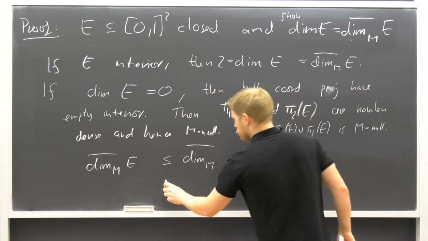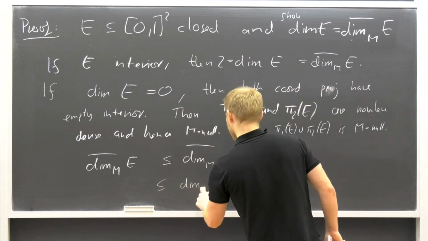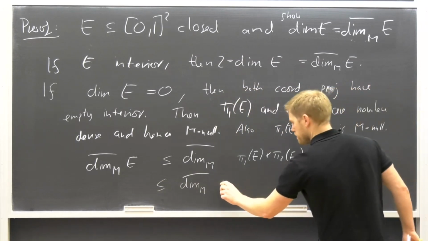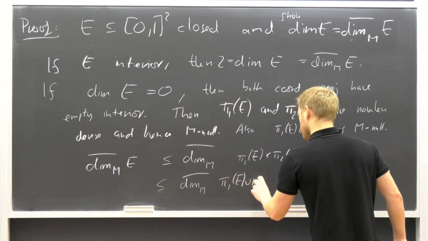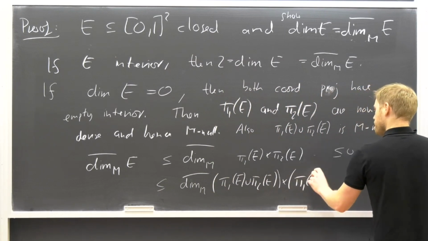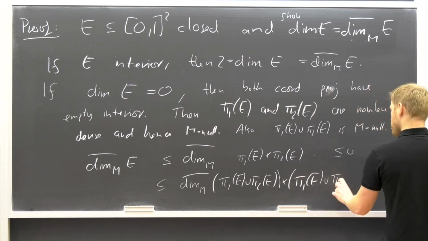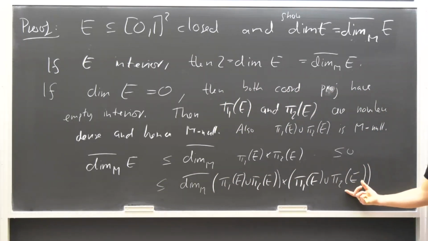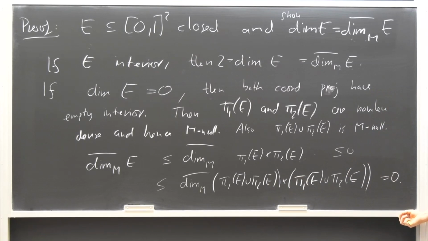It's also a subset of the... I'm not 100% sure whether this already is good enough, but it's surely good enough if you now take here the union of those two and take the Cartesian product. And now you know that both of these sets here have Minkowski dimension null, so their product also has dimension null. So it's also Minkowski null. And so now we have taken care of the cases that E has interior and E has dimension 0.